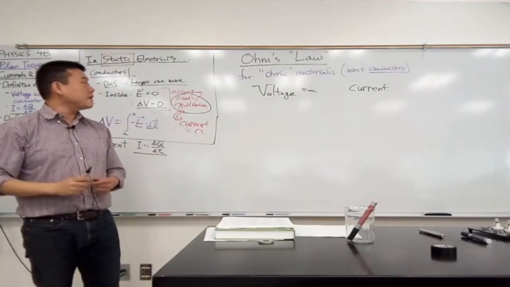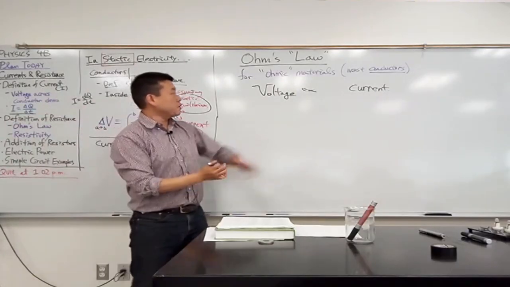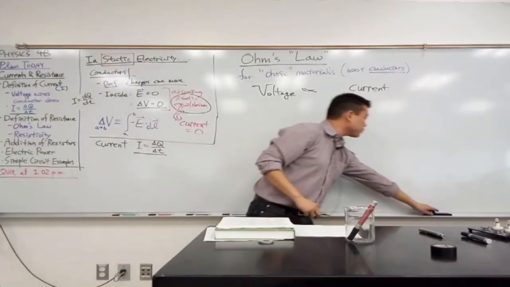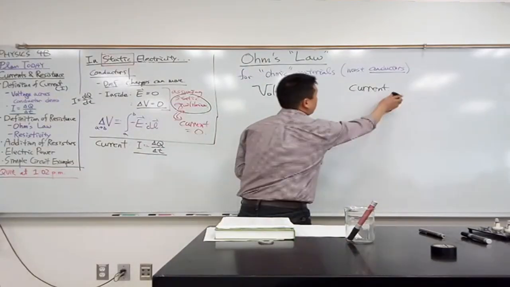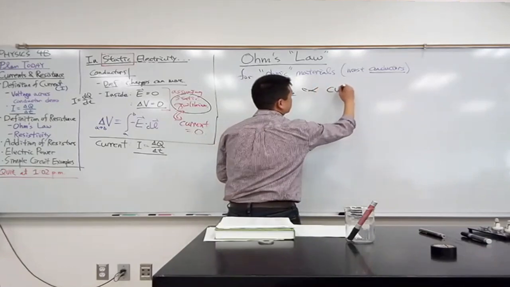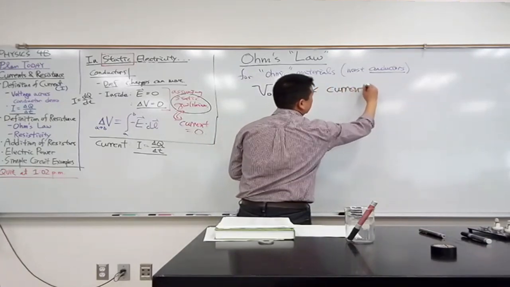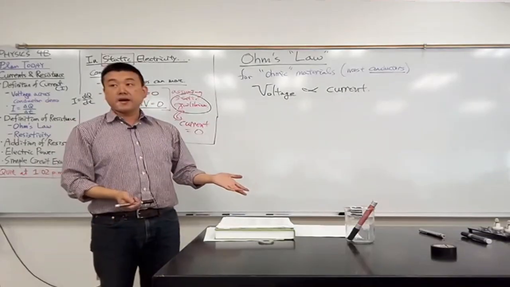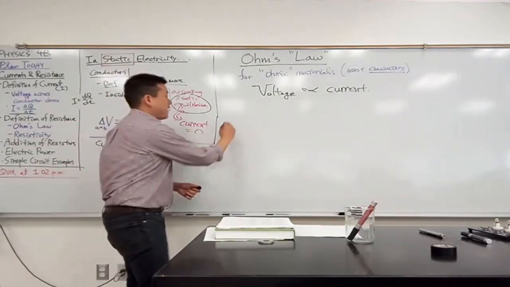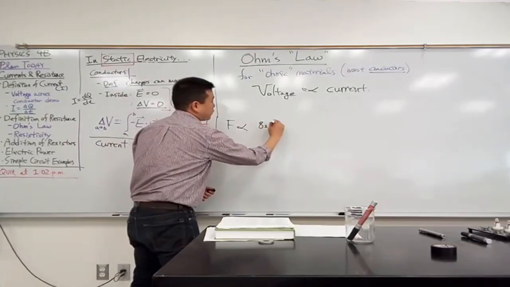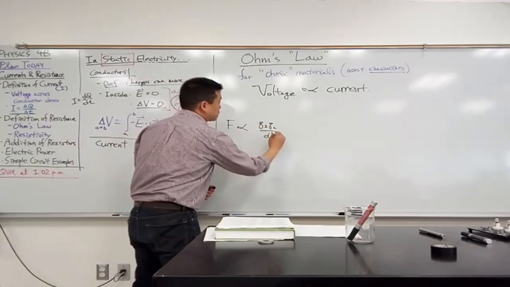So we want to go a little bit past this proportional relationship. What do you do when you want to go beyond simply saying one quantity is proportional to another quantity? Like at the very beginning of electricity, we wanted to go beyond simply saying that electric force is proportional to a product of charges divided by distance squared.